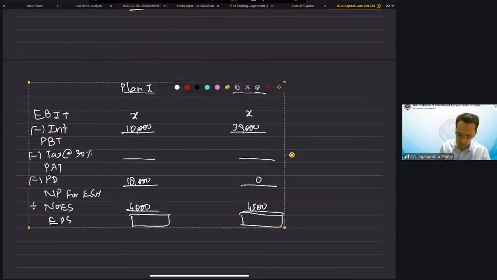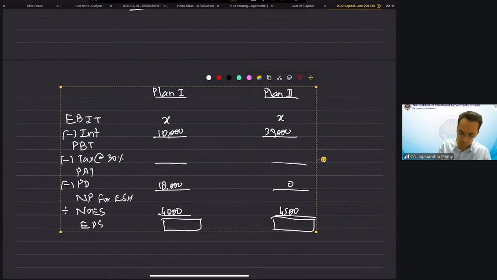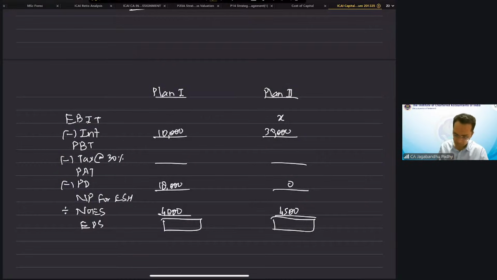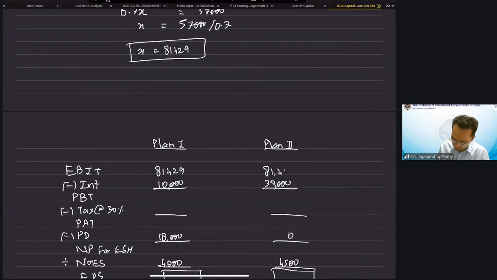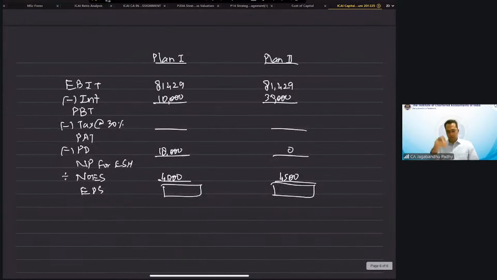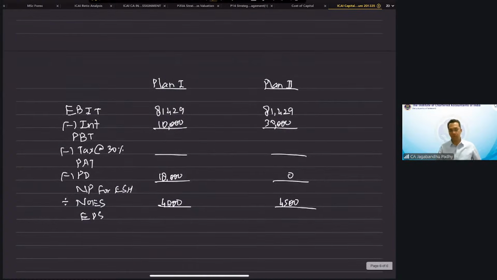what are we getting here? This is like 81,429. You can just calculate it fully and give me the value of EPS, guys. Calculate it and give me the value of EPS for both the plans.